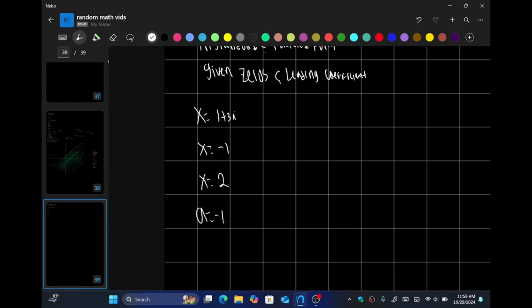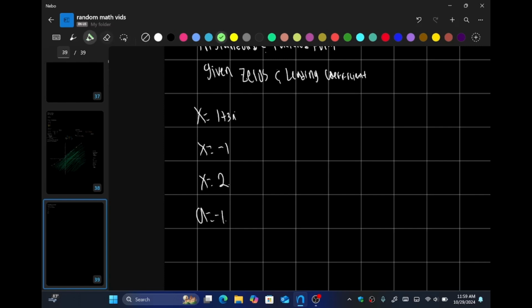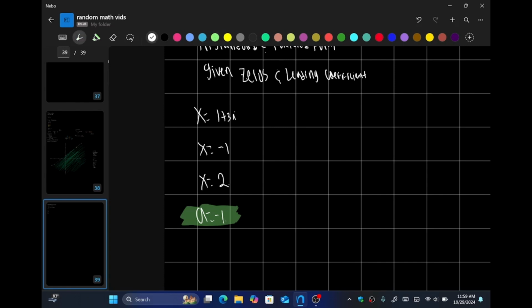I just want to state that this part here would be my leading coefficient, so as not to get confused.